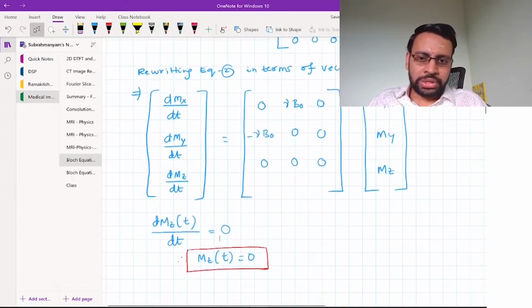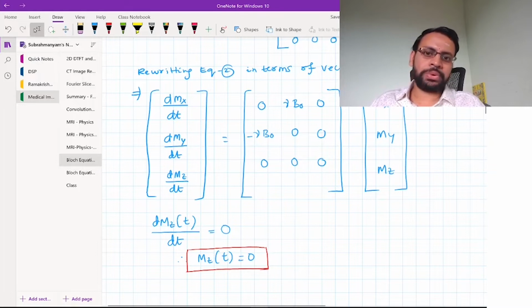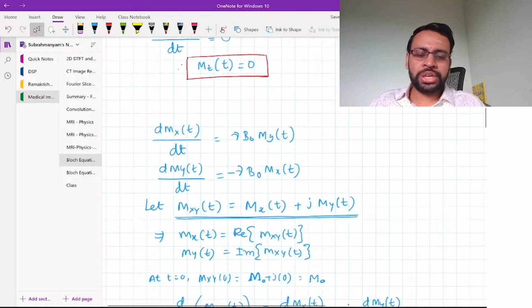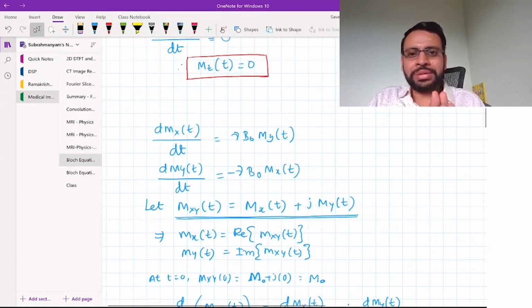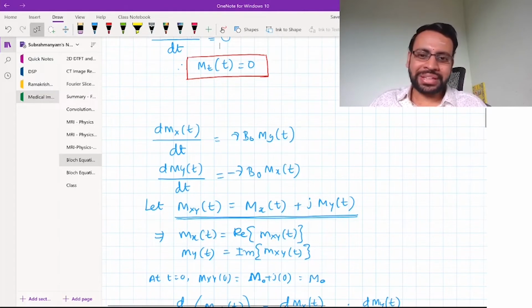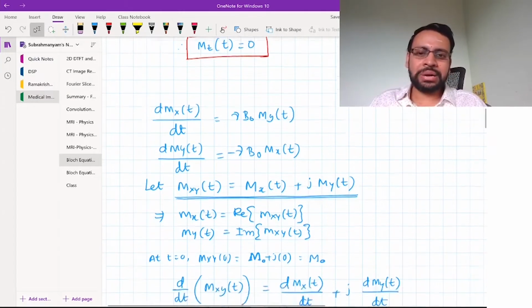Now you could see here dMx by dt is dependent on the y component and dMy by dt is dependent on the Mx component, right? So you need to deal with them together. This is again a classical example where complex analysis would come to your rescue to simplify things. So instead of dealing separately with x and y components, you deal with them using complex analysis.